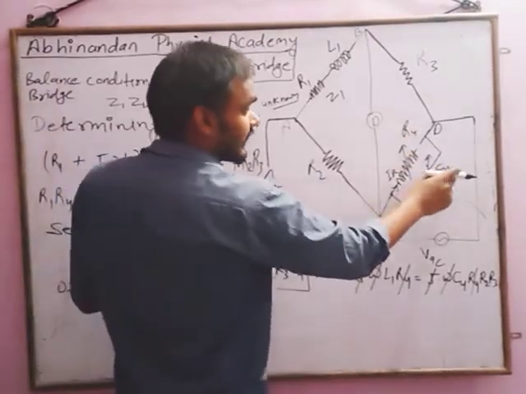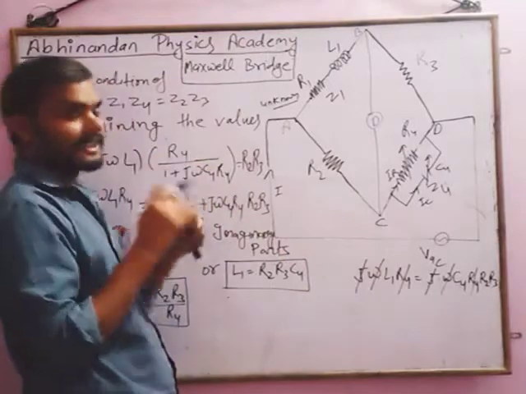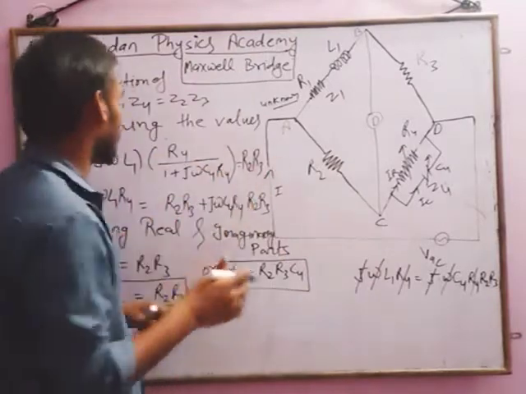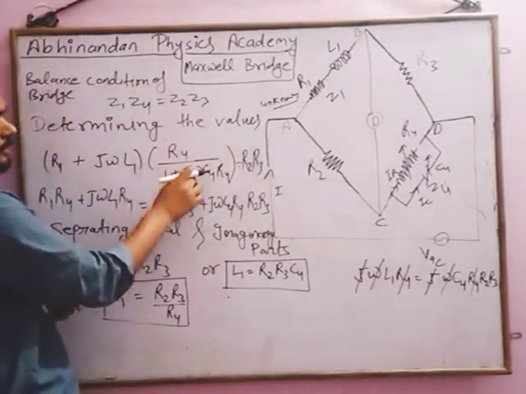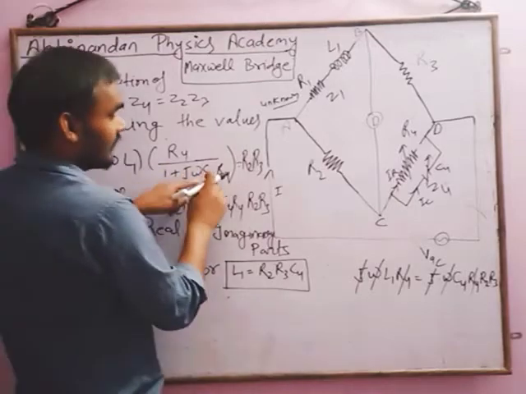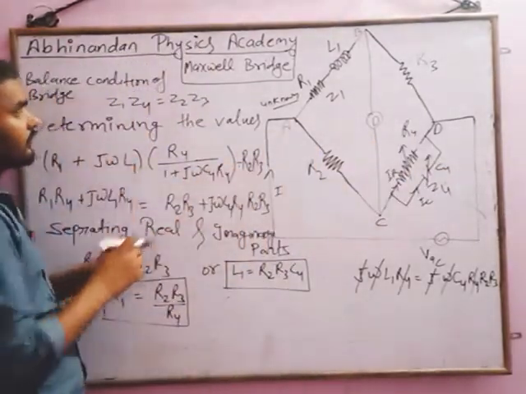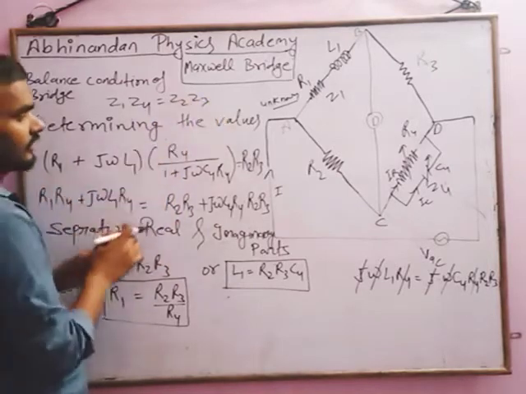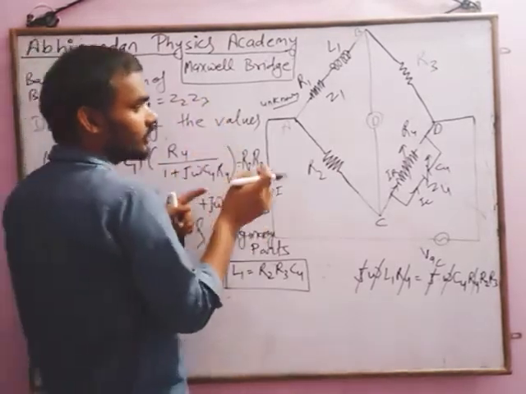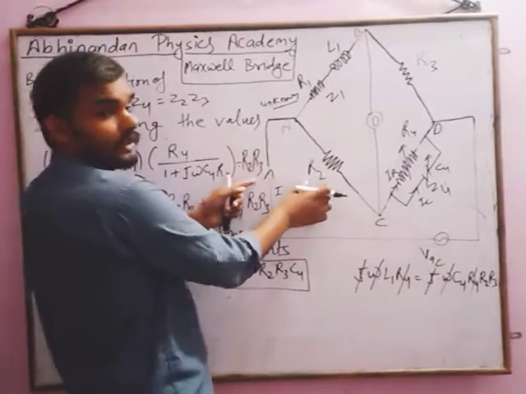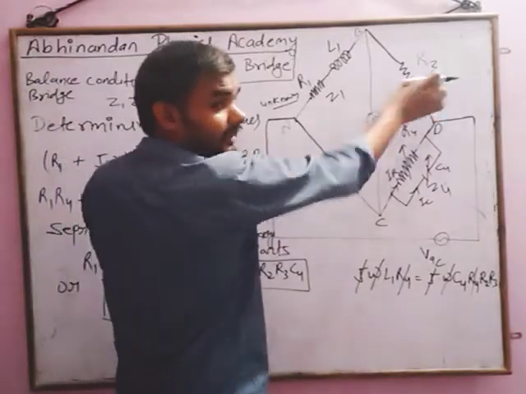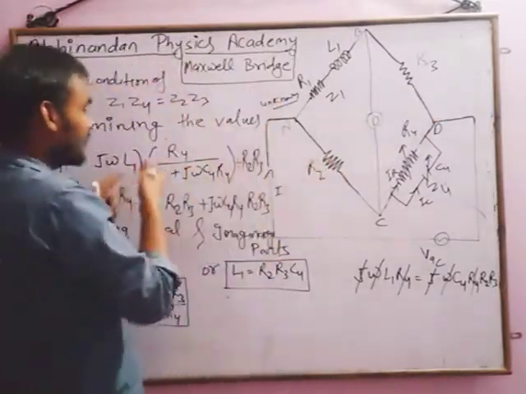R4 and the capacitor are in parallel, so we can write it as R4 upon 1 plus j omega C4 R4. It is equal to the balance condition of Z2 and Z3. Z2 is R2 and Z3 is R3. So we can proceed.